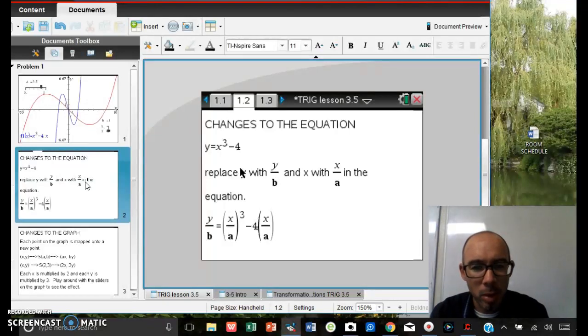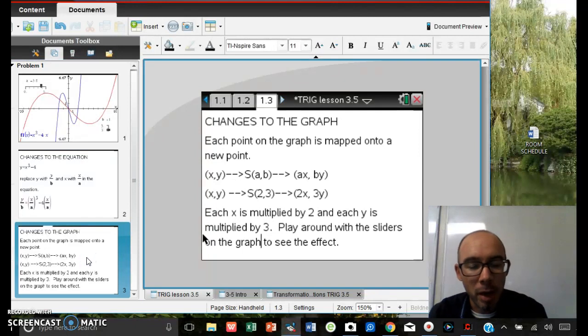So again, here's how this thing changes. We just want to identify what A and B happen to be. A ends up being inside the parentheses with x, and B is over here. So when we actually do the equation, we end up multiplying the whole right side by whatever B was. In fact, if we're going to change the graph, here's basically what's happening.